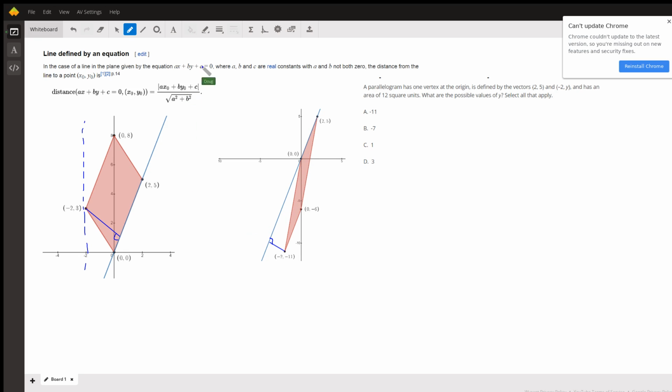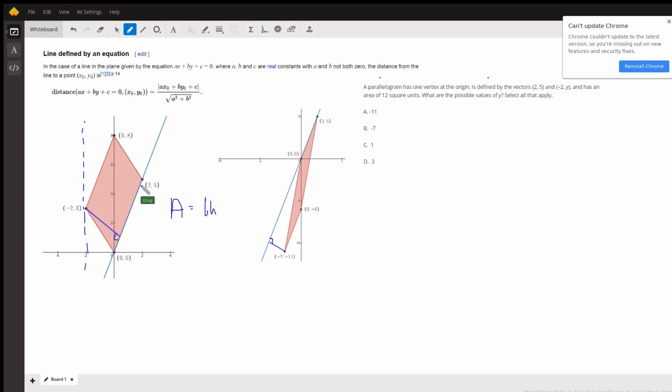Yeah, so we could have a parallelogram that looks like this, or one that looks like this, or somewhere in between. But the formula for the area of a parallelogram is area equals the length of one of the bases times the height. And the height could be from the opposite vertex perpendicular to the opposite side.